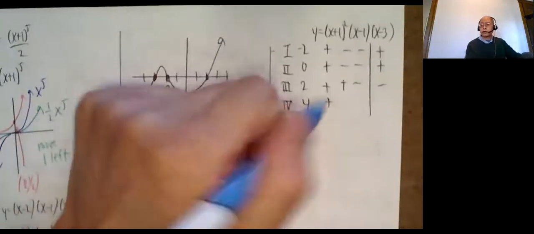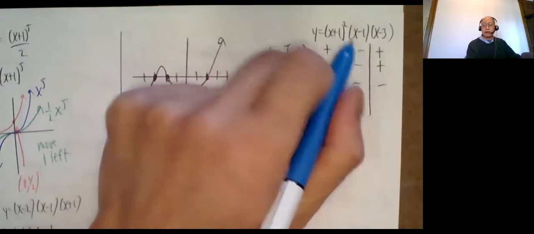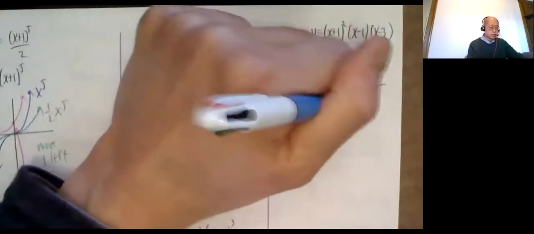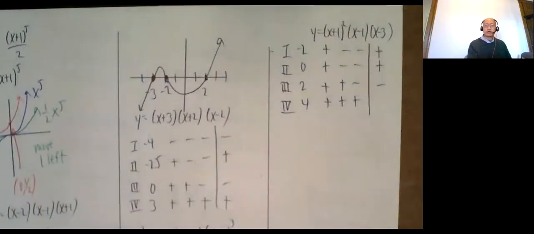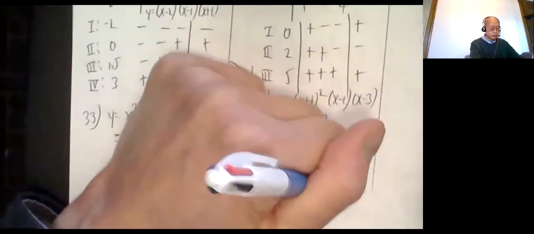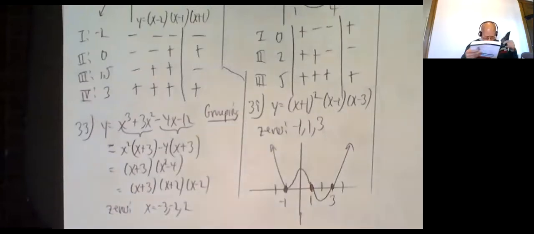And finally, 4. We already know that's positive. No matter what I plug in here, it's positive, right? 4 minus 1, positive. 4 minus 3, positive. They're all positive. If you multiply a bunch of positives, positive. So this is positive, and there are no more zeros to the right of it, so it shoots to infinity. So there's the graph. Okay, so that's the idea.